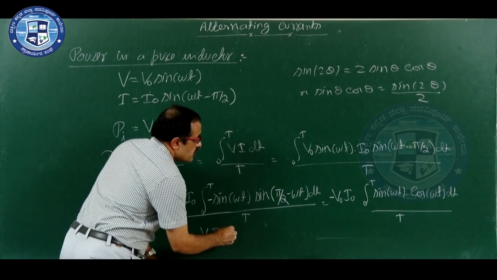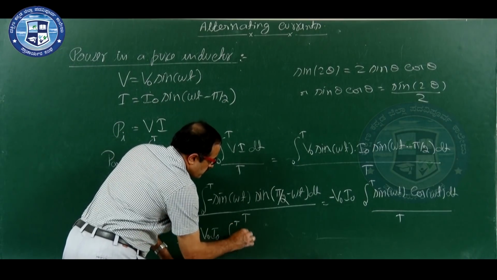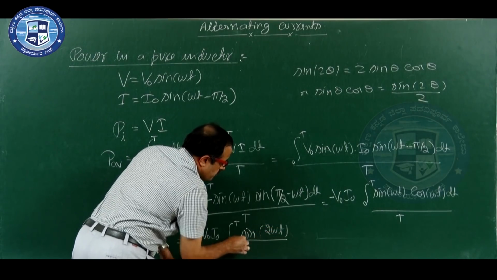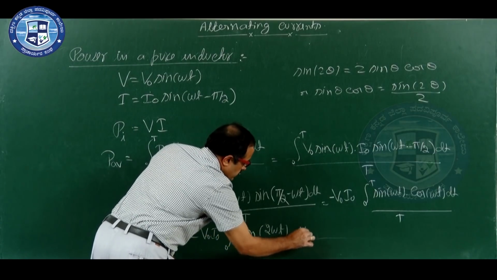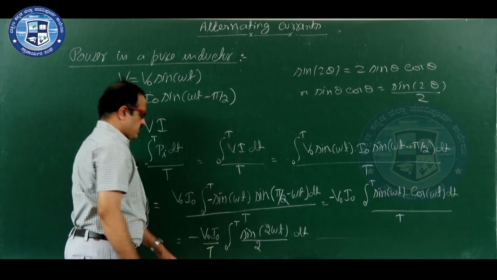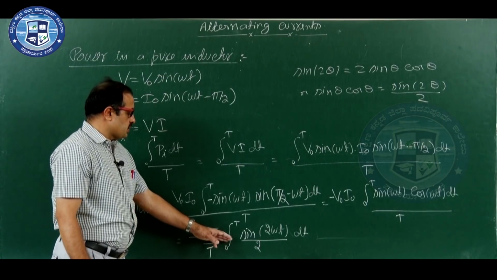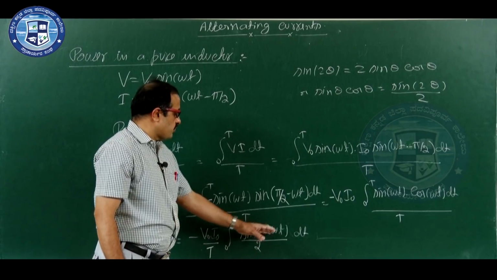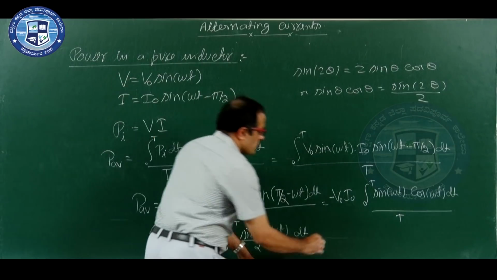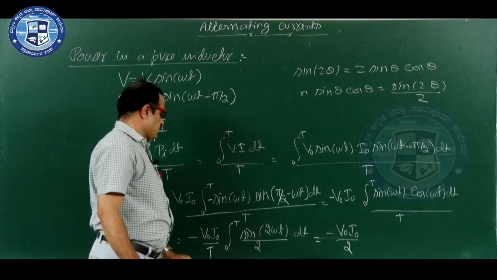Therefore, write it: integration 0 to T of sin 2 omega t by 2 into dt. I am writing capital T here, it is not making any difference. So, minus V naught into I naught by T, integration of sin 2 omega t by 2 dt. Now take 2 outside: minus V naught into I naught by 2, and what is this?